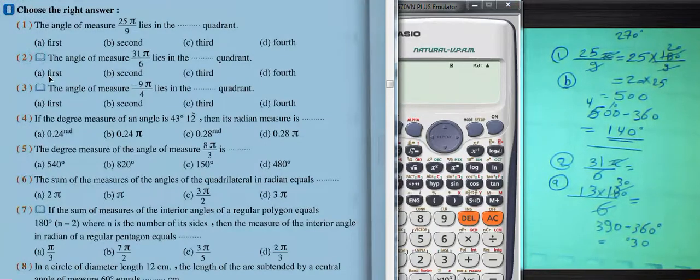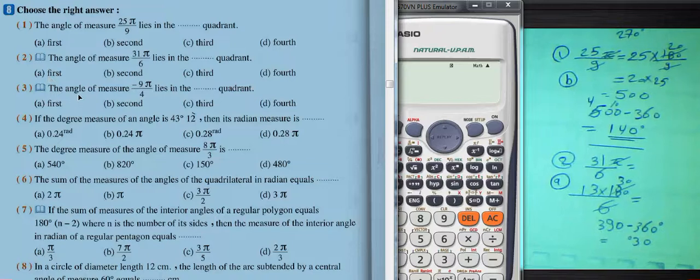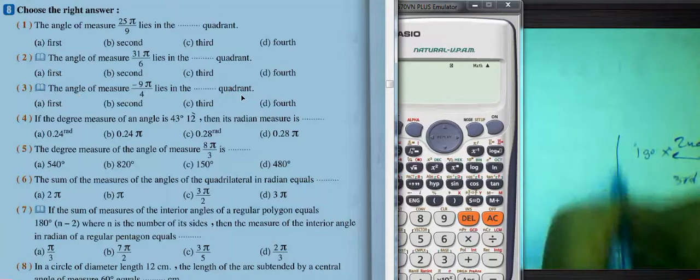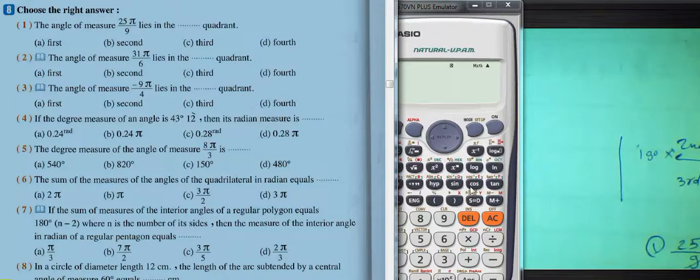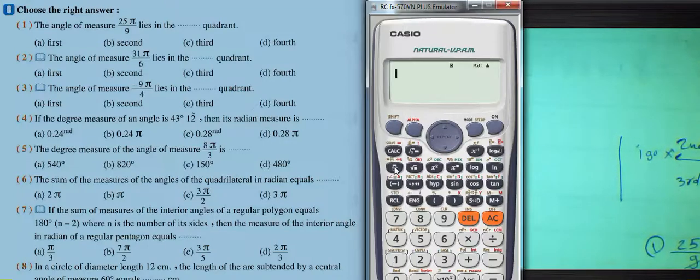Question number 3: the angle of measure negative 9 pi over 4 lies on which quadrant? We can use a calculator in one step.